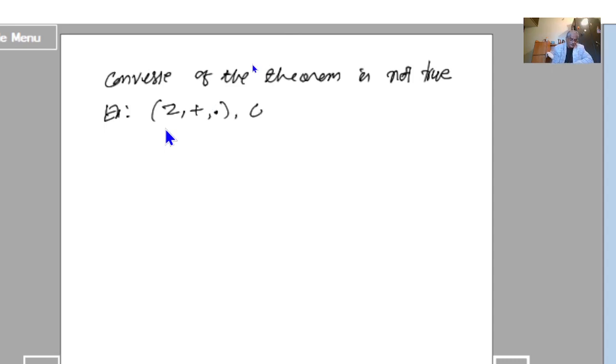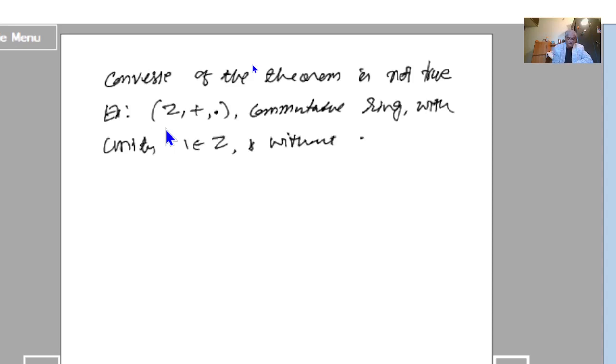This is a commutative ring. Okay. Commutative ring because AB equal to BA, with unity. Okay. Because 1 belongs to Z. And it is without 0 divisors, because here if A is not equal to 0, B is not equal to 0, then definitely AB is also not equal to 0.